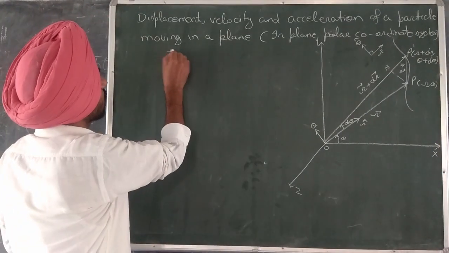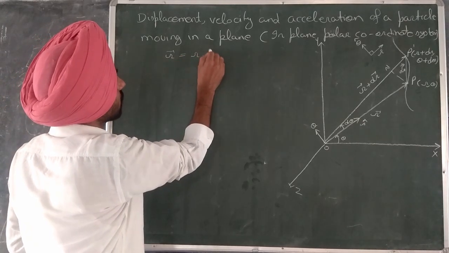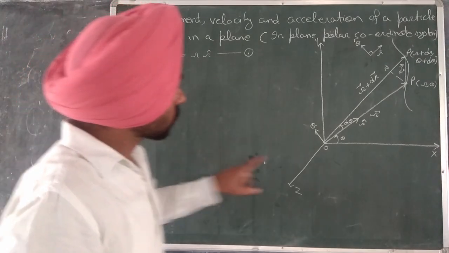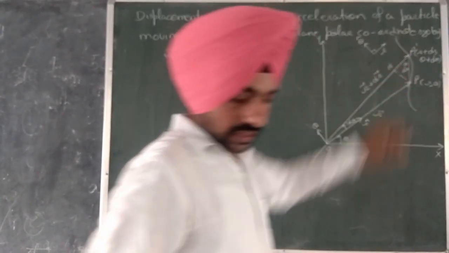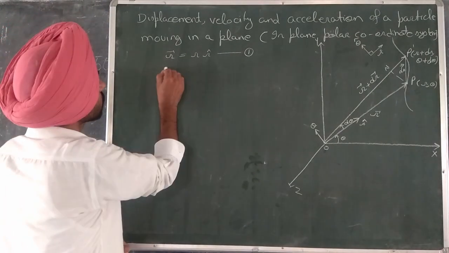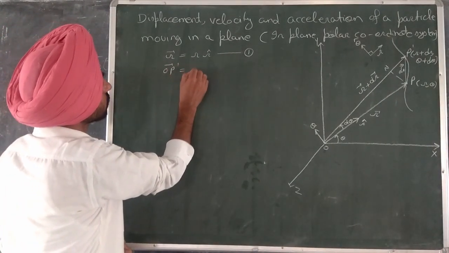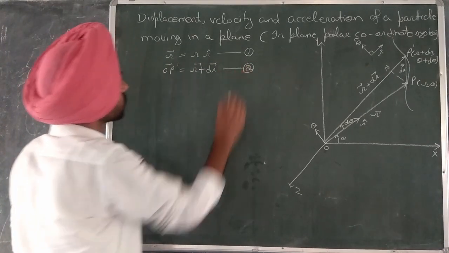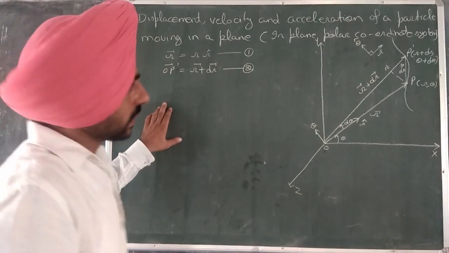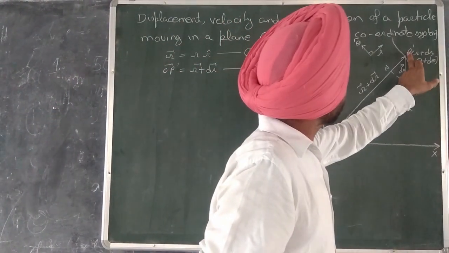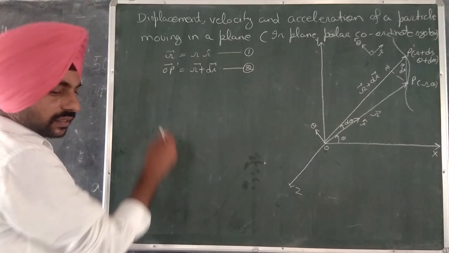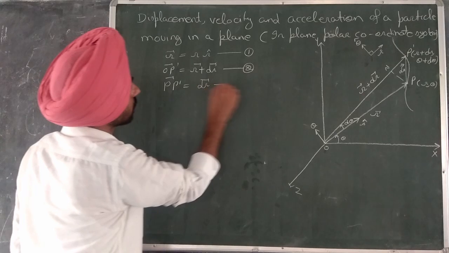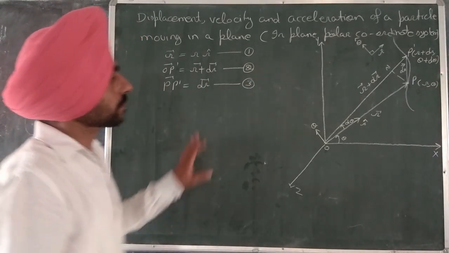As we know, vector r is the magnitude of vector r multiplied by its unit vector r cap. So let this OP prime be r plus dr. OP prime equals r plus dr from the diagram. This is equation number 2. And PP prime is vector dr. This is equation number 3.